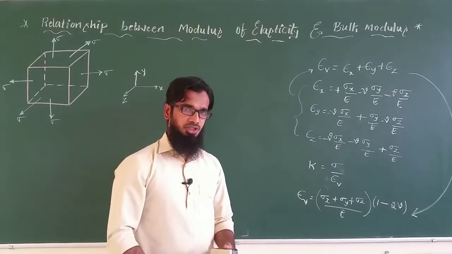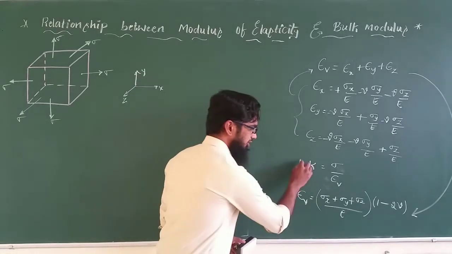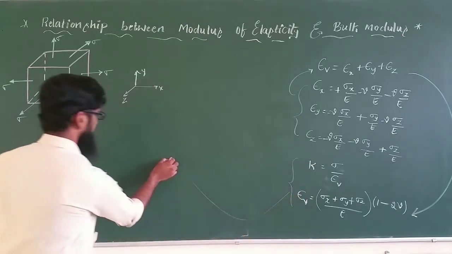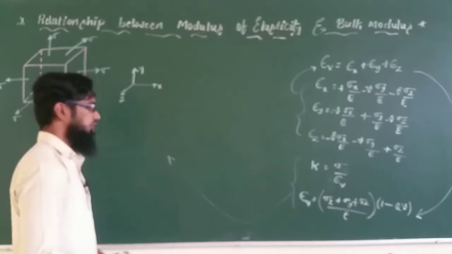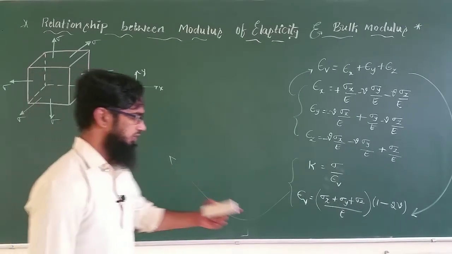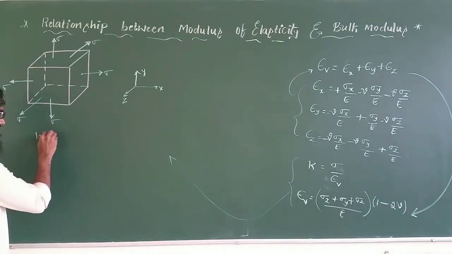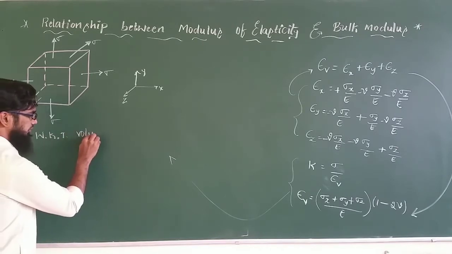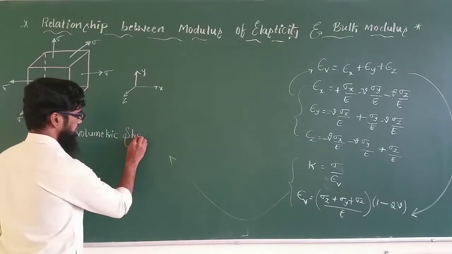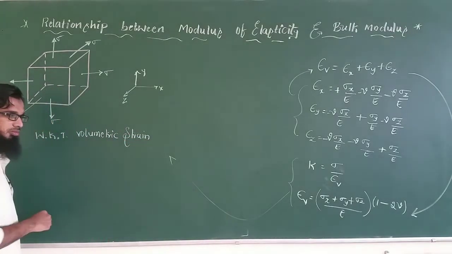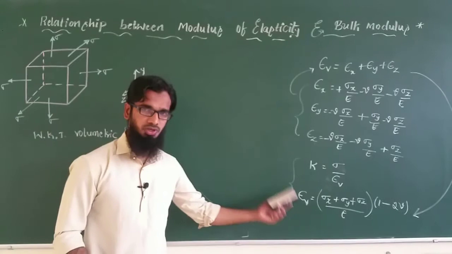Okay. Now to get the relation between the modulus of elasticity and the bulk modulus, I will just use these equations here. So with these two equations we can easily get the relation between these two terms. So what we have to consider here, I will consider this equation here. We know that the volumetric strain for a rectangular bar, similarly, we can take this epsilon v for this member also.